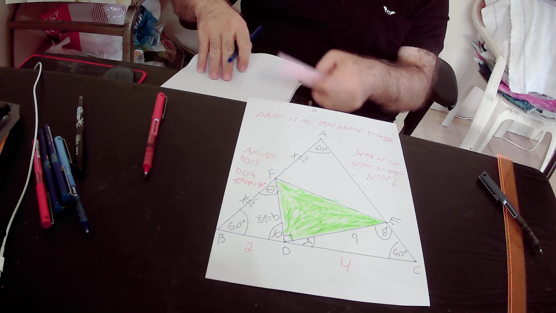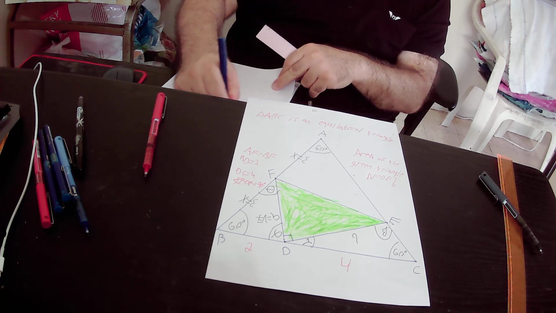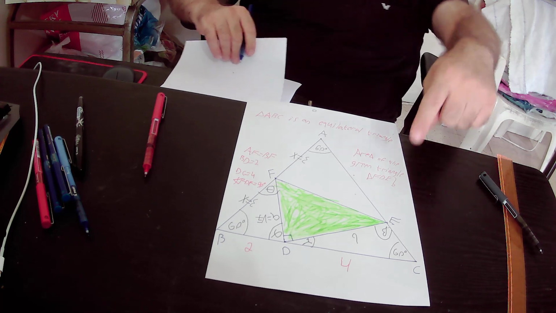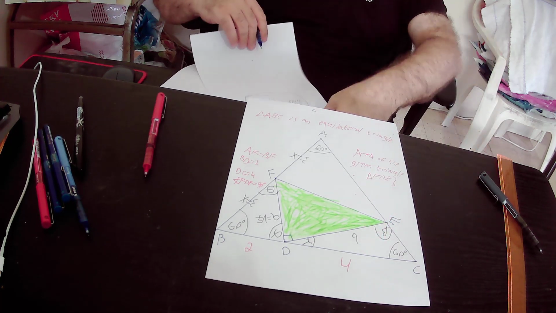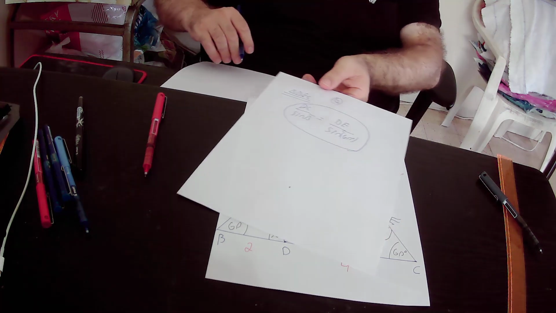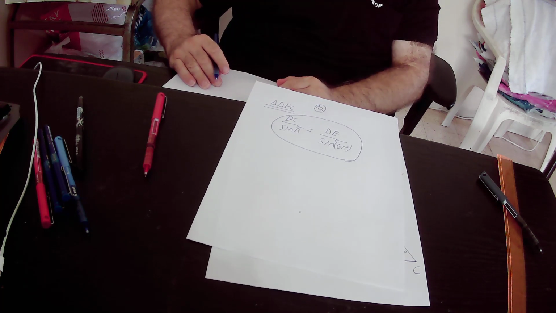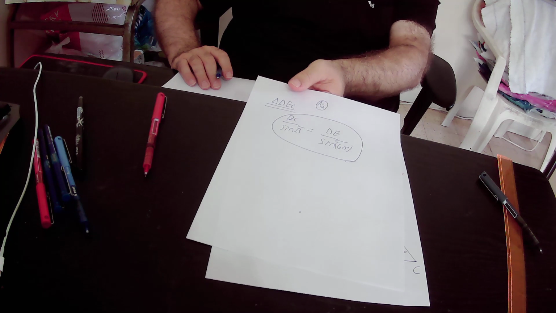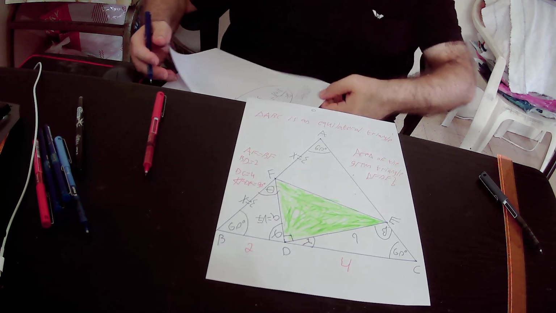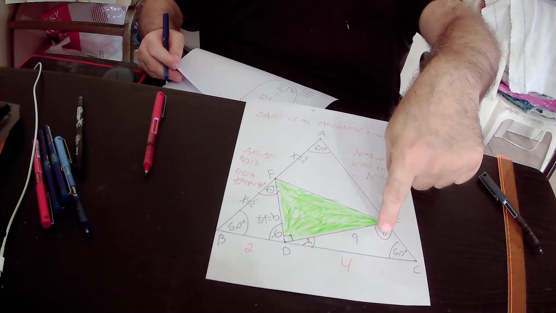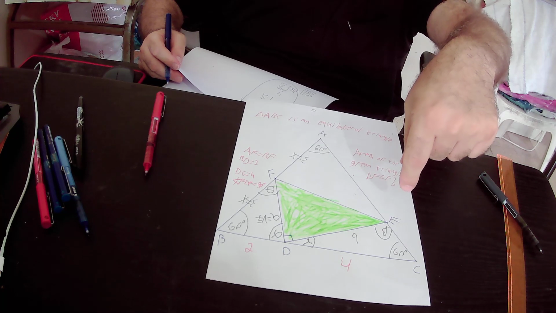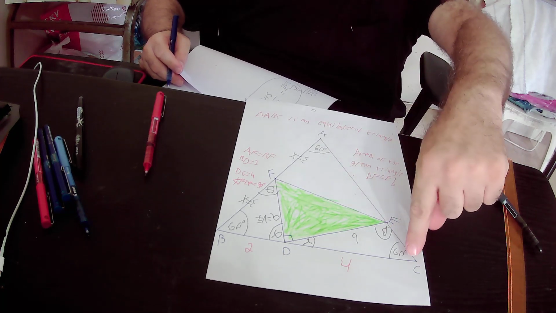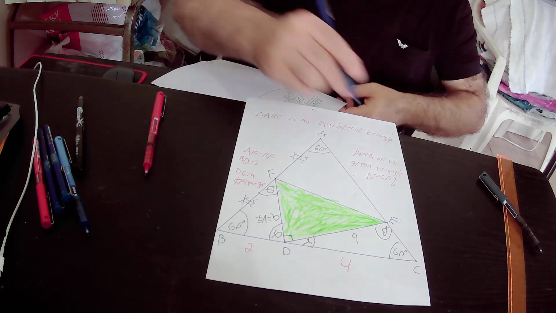So again, according to the law of sines in triangle DEC, DC over sine beta equals DE over sine 60 degrees.